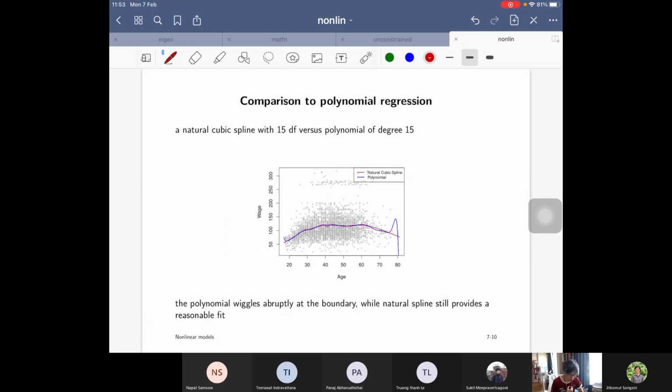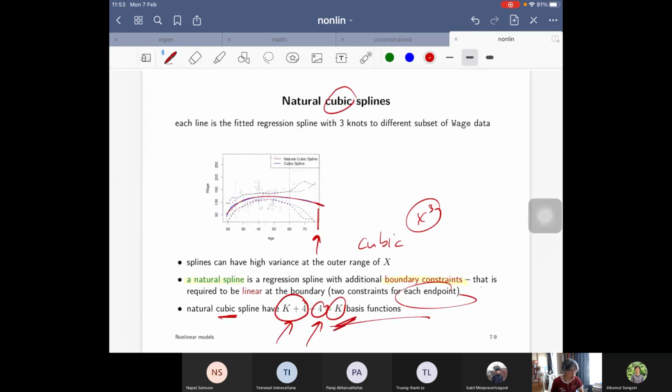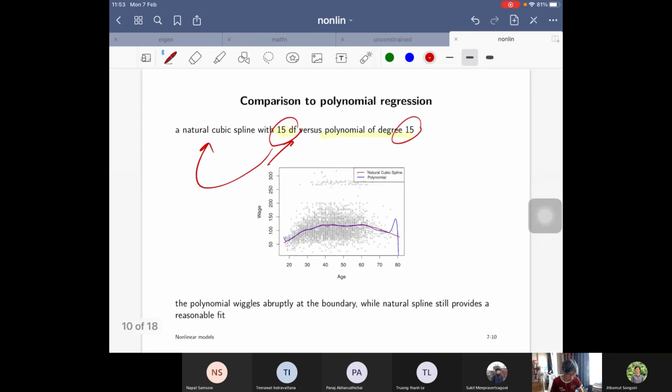This is a comparison between a natural cubic spline and when you fit a polynomial of degree 15. So degrees of freedom in the natural cubic spline would mean that it requires 15 basis functions, right? But when you fit a polynomial of degree 15, you use one global form to represent the whole range of x. So this is a model where you have x to the 15 here. Okay.